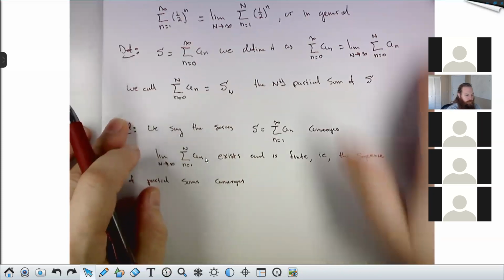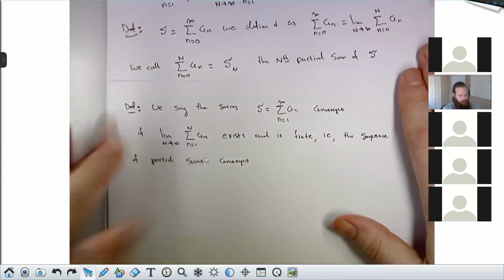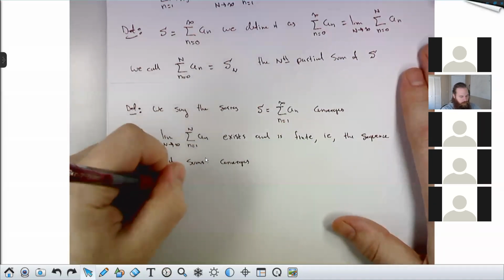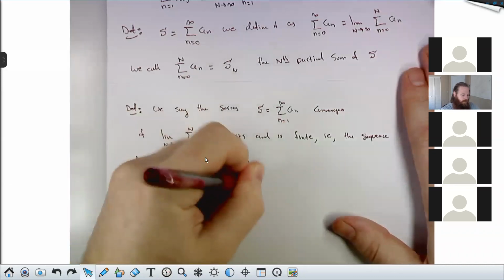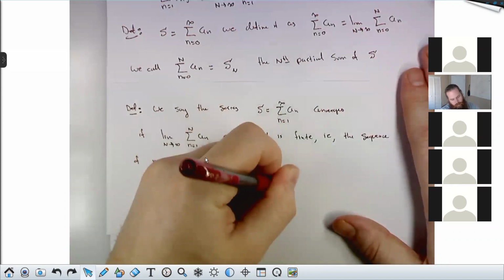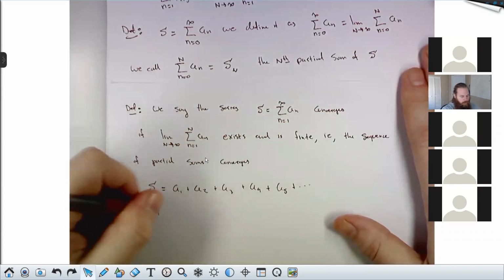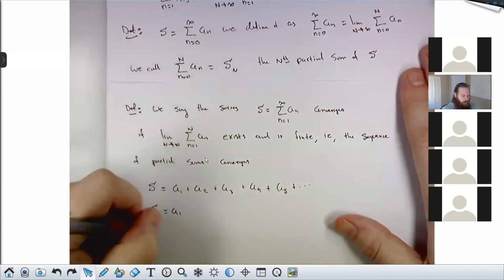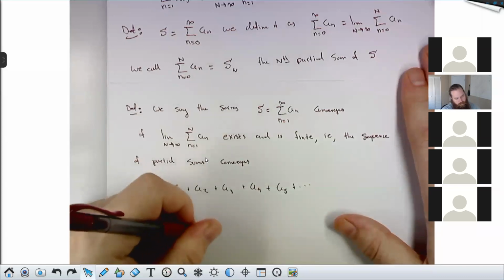I'm going to try to show you something that will give you a little bit of intuition for this. So remember, S, the full infinite sum here, should be a1 plus a2 plus a3 plus a4 plus a5, all the way out forever and ever, amen. S1 is just a1. S2 is a1 plus a2.